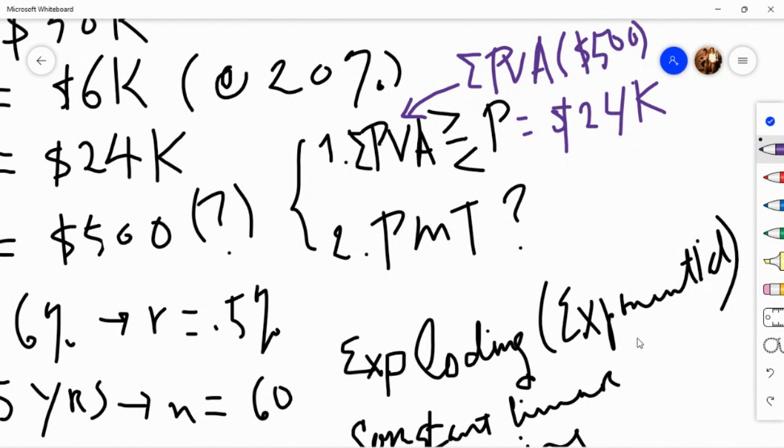Second, we can nail the exact payment. And I showed you how in the last class. We can exactly nail the payment. So here's the thing.